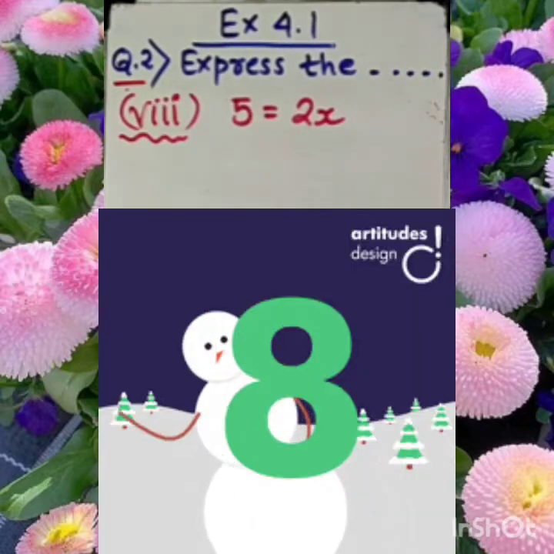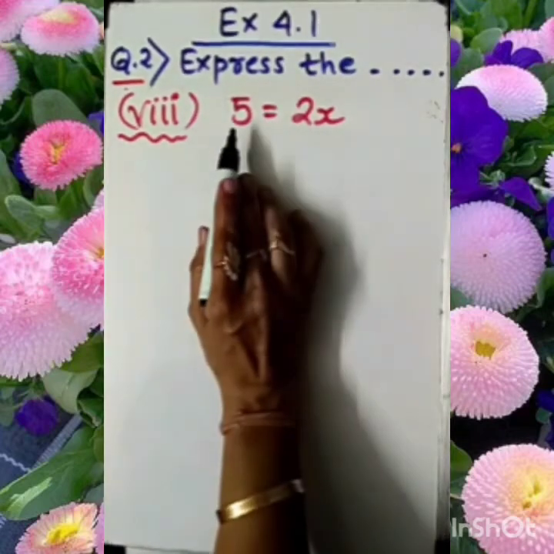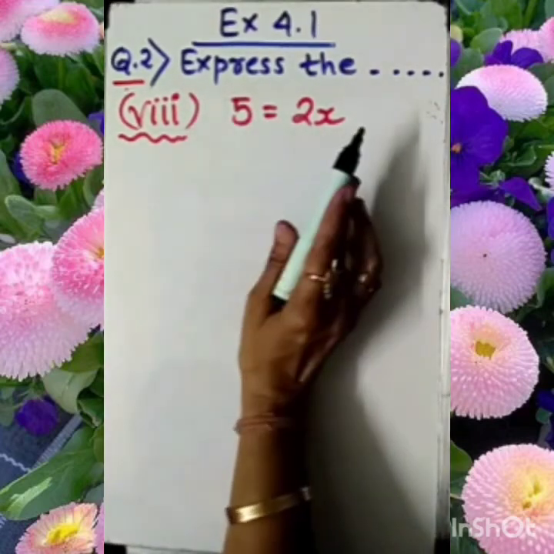Now the 8th equation is on your screen: 5 equal to 2x is given. Now dear student, here one of the quantities we have to bring to either the left side or the right side. So what are we going to do? Better I am taking this constant term to the right side.